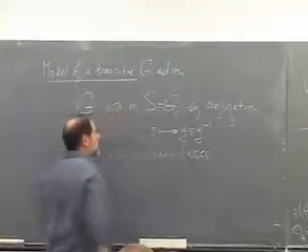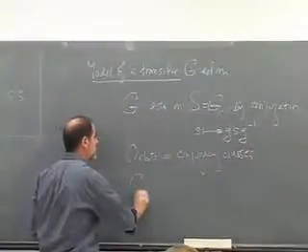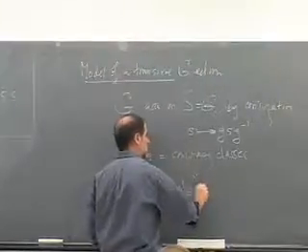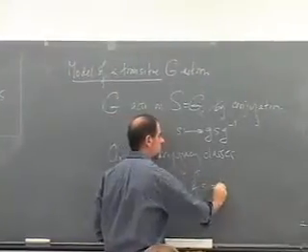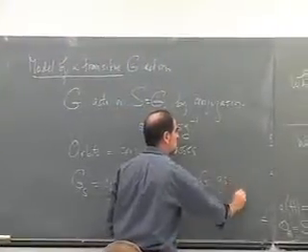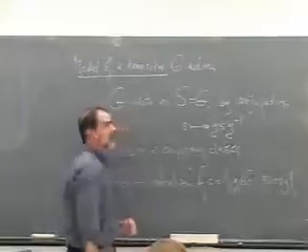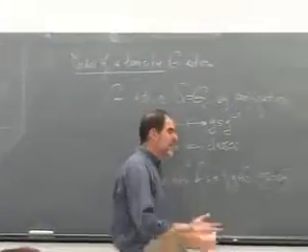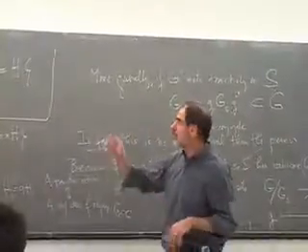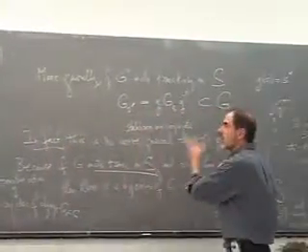And G sub s is the centralizer of s, the elements in the group such that gs is sg. So we're going to count conjugacy classes and elements in the conjugacy class by calculating what their centralizers are, etc. And we'll be using this kind of orbit formula throughout.